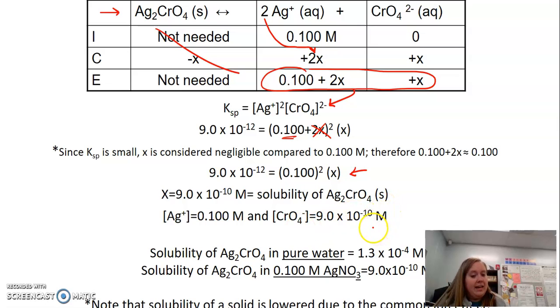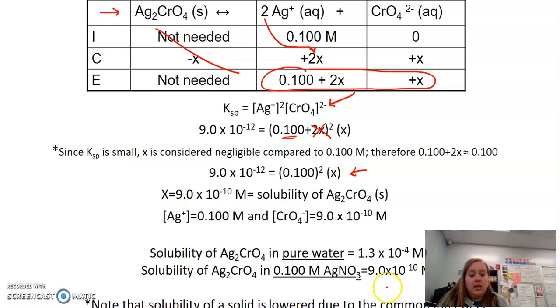So if we go back and did the same calculation for the solubility of silver chromate in pure water, it's going to be 1.3 times 10 to the negative fourth. If we look at the value of the solubility of silver chromate in this common ion solution, the 0.1 silver nitrate solution, we get 9 times 10 to the negative fourth. So it's a much lower value.